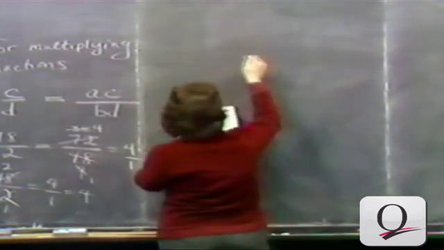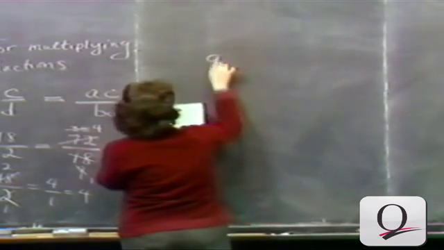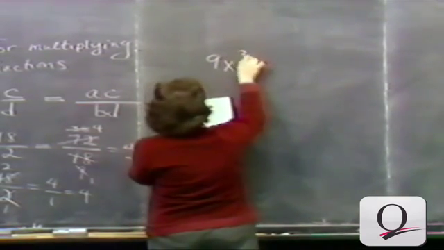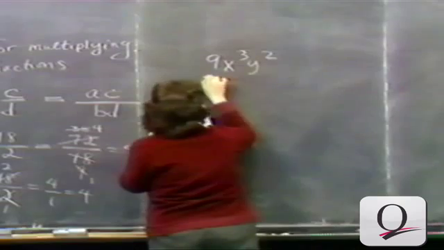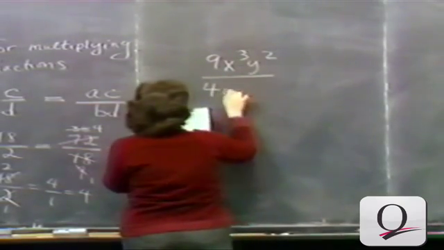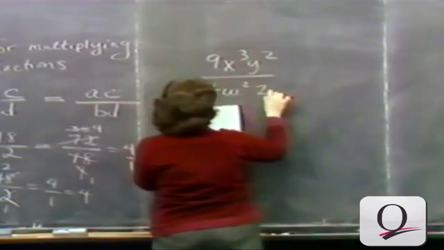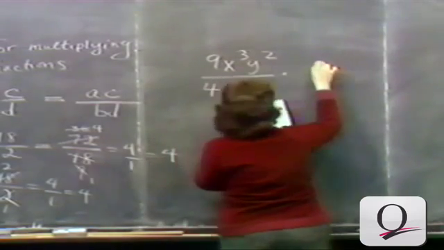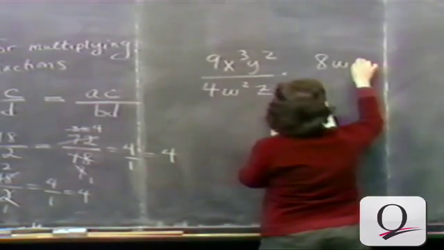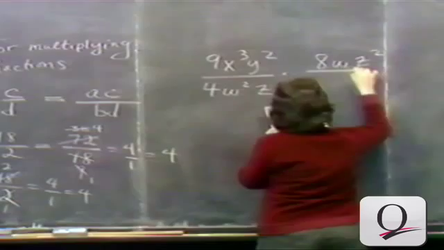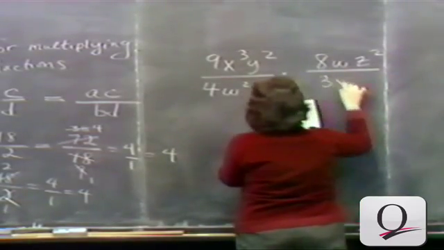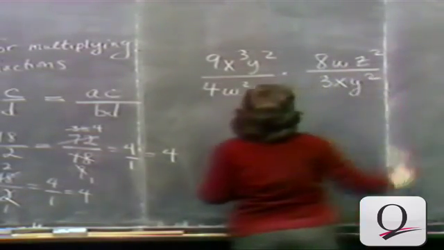Remember, we do want to get our fractions into lowest terms. 9x cubed y squared over 4w squared z times 8w z squared over 3xy squared.